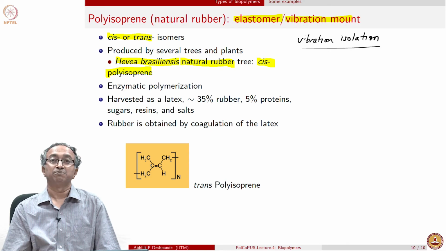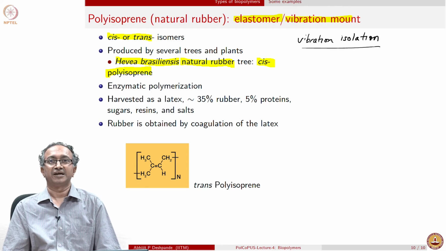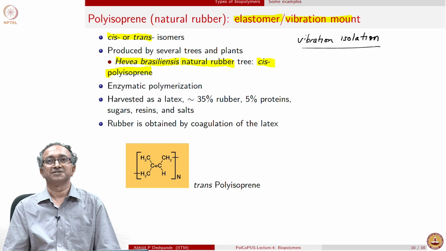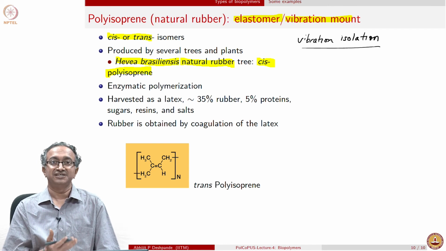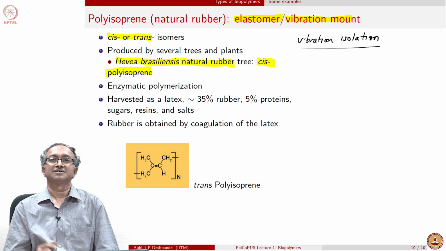So, this is a very important engineering application, and natural rubber mounts are extremely important in this vibration isolation application. What natural rubber is able to do is to absorb all the mechanical energy, and therefore, it does not transmit the vibrations. So, mechanical energy is nothing but vibrations, it absorbs all those vibrations and does not transmit the mechanical energy.